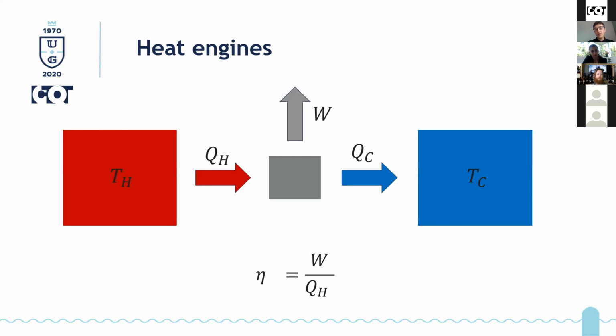So it no longer has to be a power plant in which steam as the working body is heated, then goes through the turbine and generates electricity, and then what remains, the steam, goes to the cooler and the cycle closes.